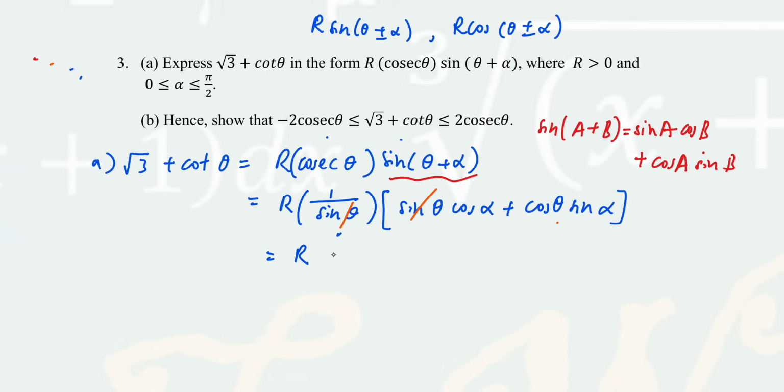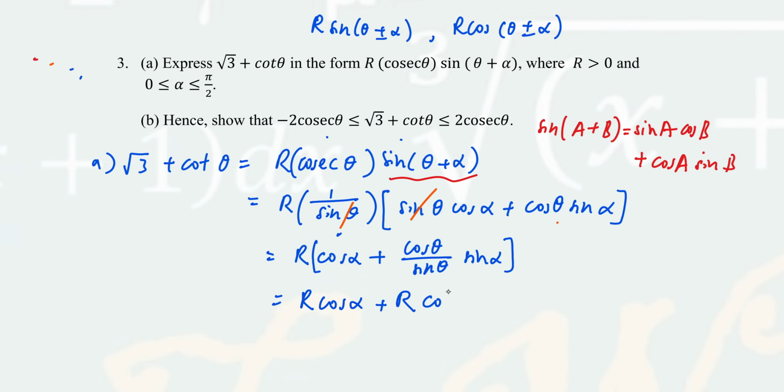So I will be getting r cos alpha plus cos theta over sine theta times sine alpha. That means now you will be getting r cos alpha plus r cotangent theta sine alpha, because cos theta over sine theta is cotangent theta.